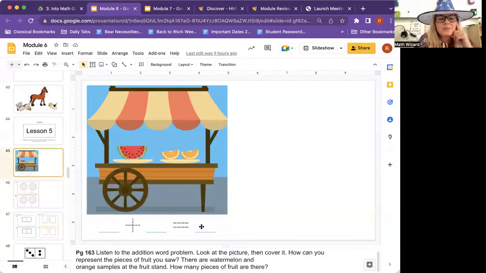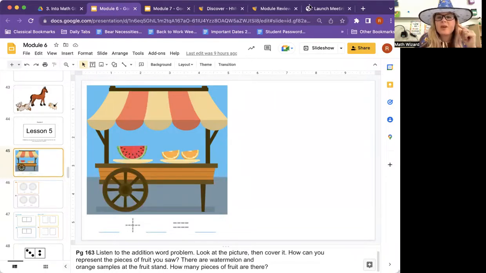How many watermelon were there? 1. And then there were how many orange slices? 2. So I picture those in my head and let's count them. 1, 2, 3. 3 fruit altogether. Let's look now and see. There are watermelon and orange samples at the fruit stand.